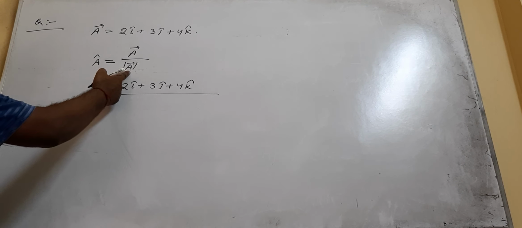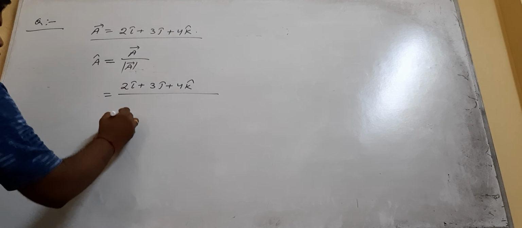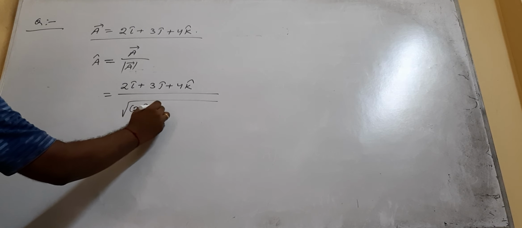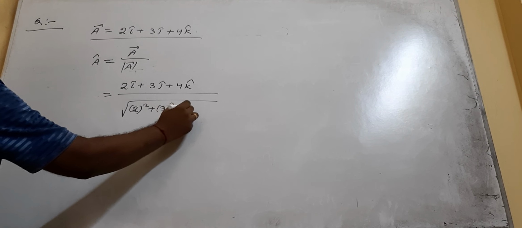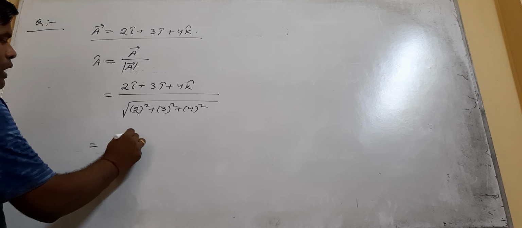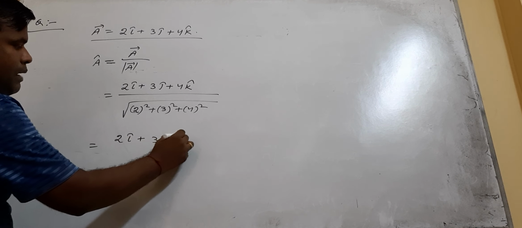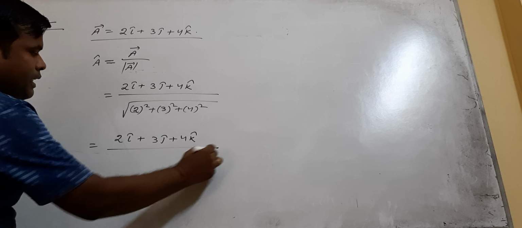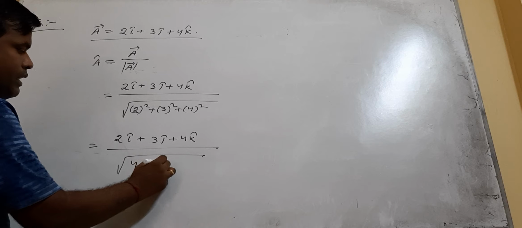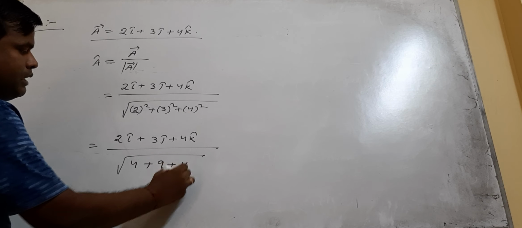So now you see, the a vector is 2 i cap plus 3 j cap plus 4 k cap divided by the a vector magnitude, that means root over of 2 square plus 3 square plus 4 square. 2 square is 4, 3 square is 9, plus 4 square is 16.